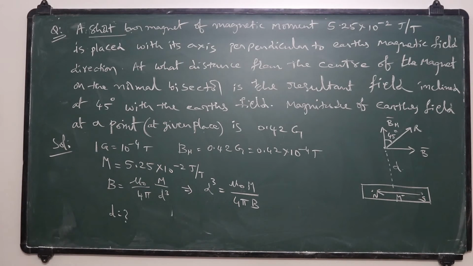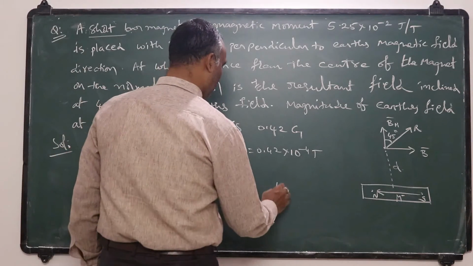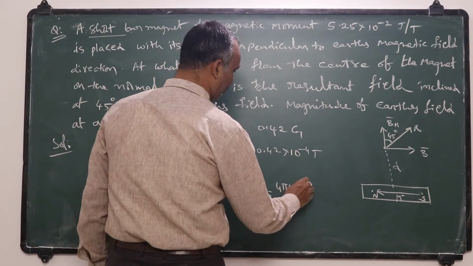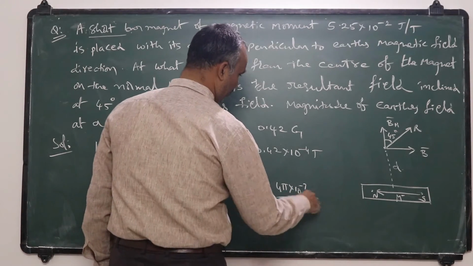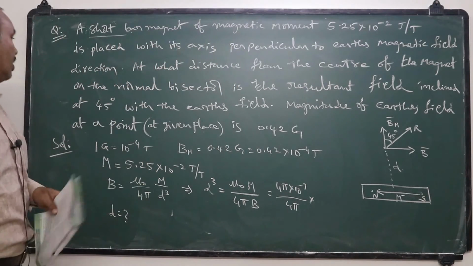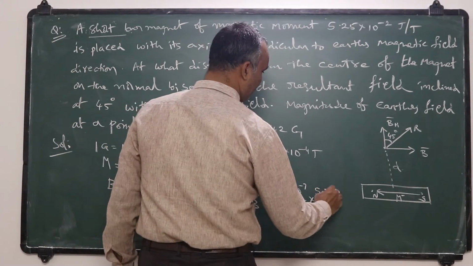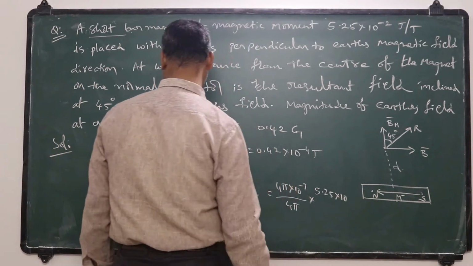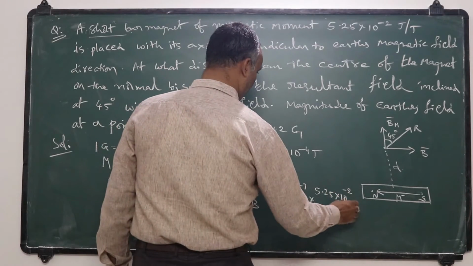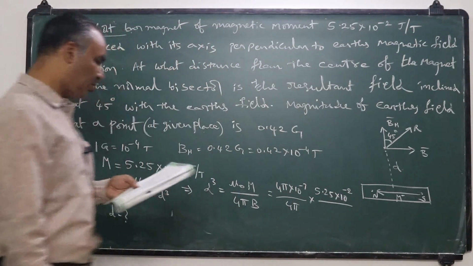Mu naught by 4 pi means 4 pi into 10 power minus 7 by 4 pi. M value, they gave it as 5.25 into 10 power minus 2, by, I should take B value here.